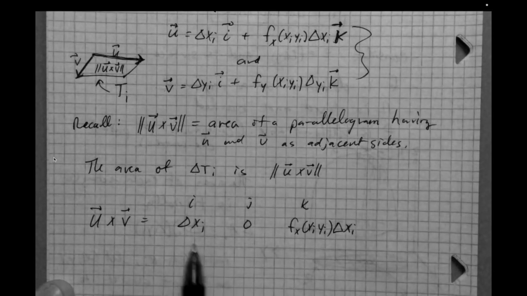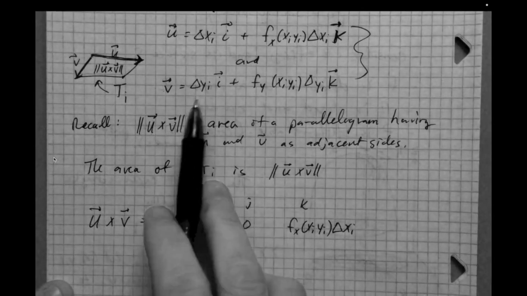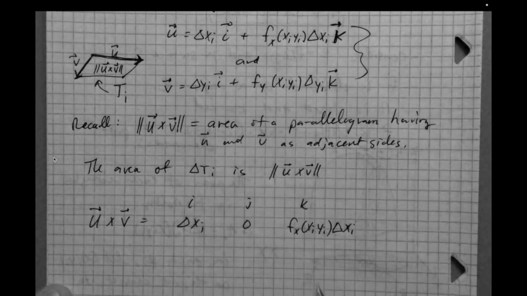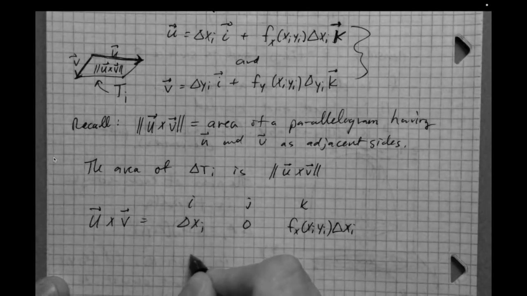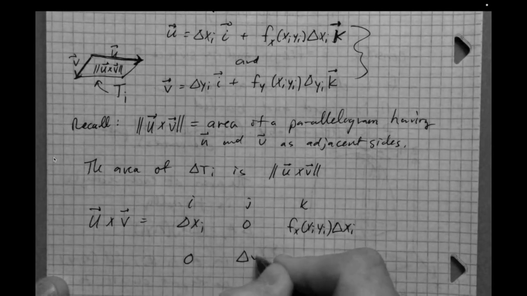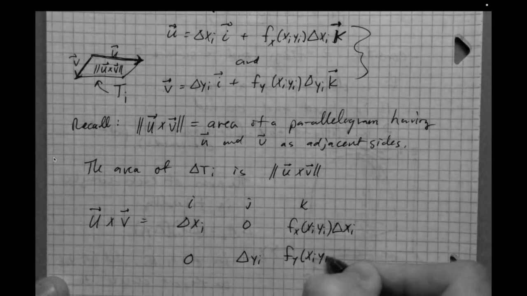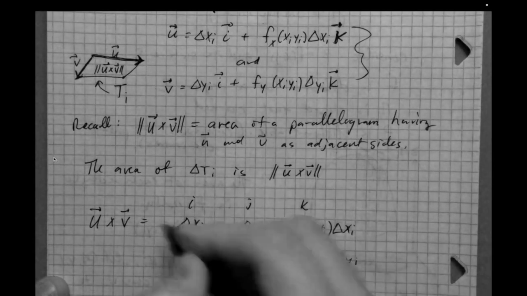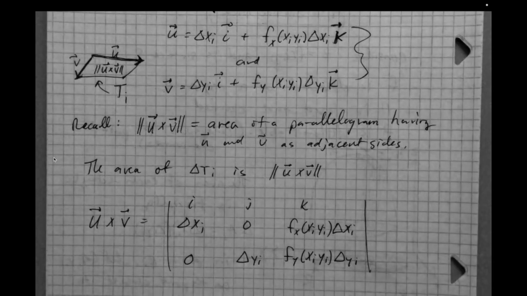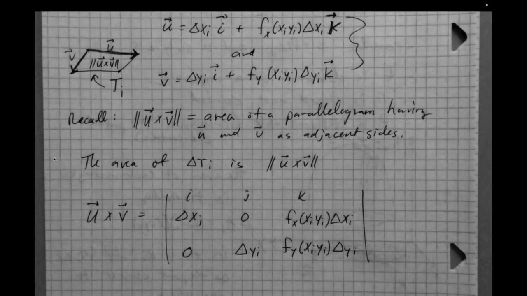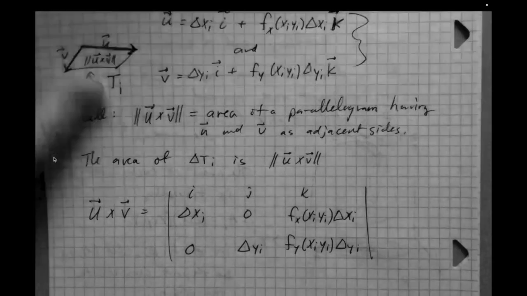So this would be your U. Similarly for V, you're going to have a 0 here, but a delta yi, and then f sub y at (xi, yi) times delta yi here. So what we need to do is calculate this cross product.